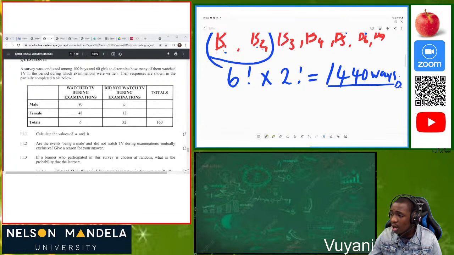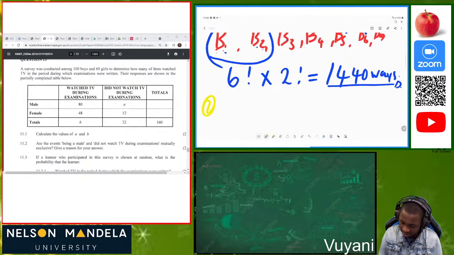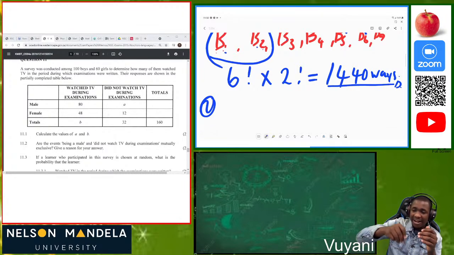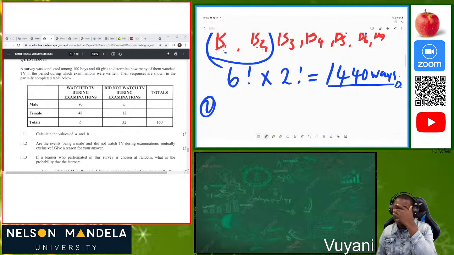I think it's the third button after the on button, and you can see n factorial written there.